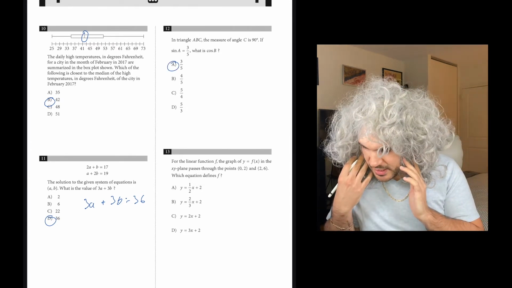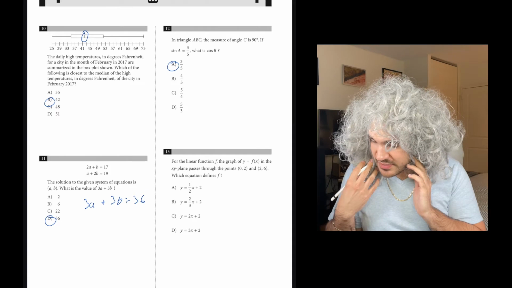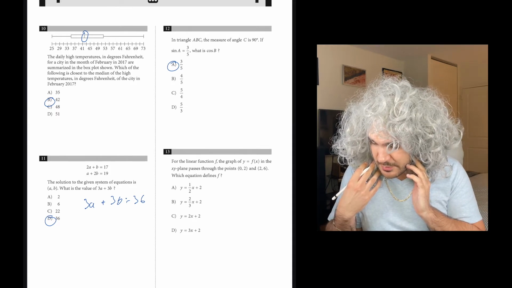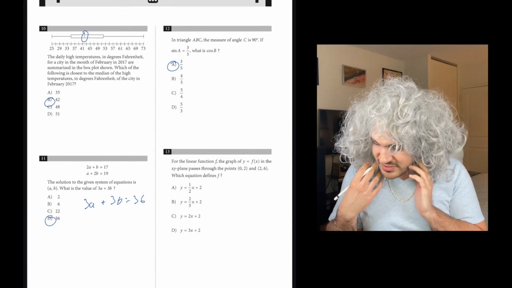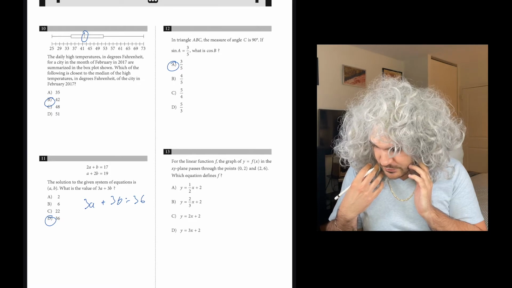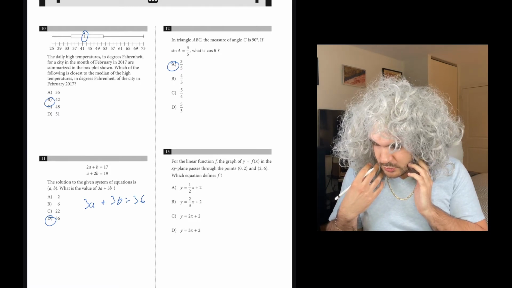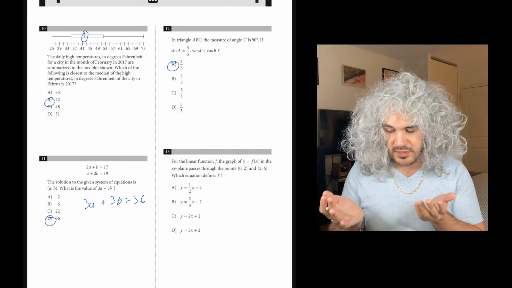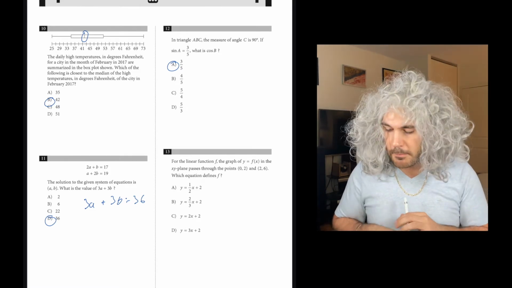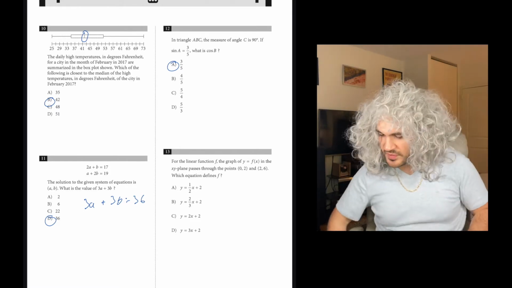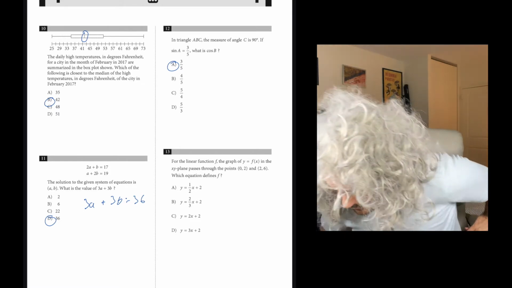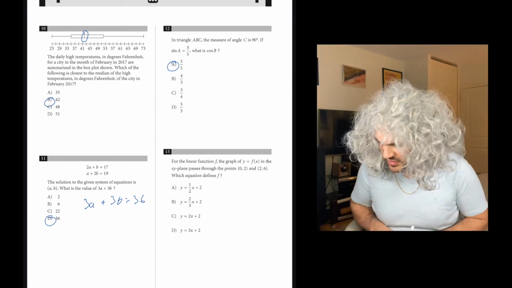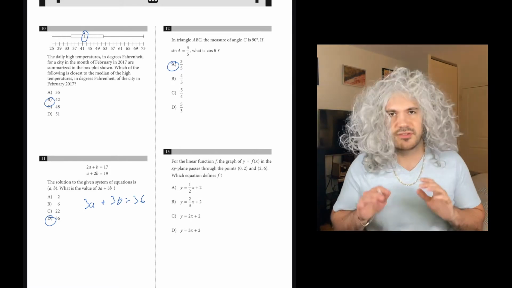Number 13, linear function f, graph of y equals f of x passes through these 2 points, (0, 2) and (2, 6). Which equation defines f? Looking at the answer choices, they all have the same y-intercept of 2, which makes sense, that's correct. But they all have different slopes. So all we really need to do is calculate the slope.